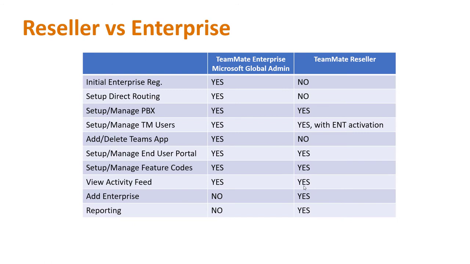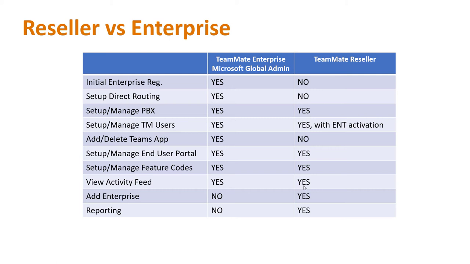First of all, there are two different logins to the TeamMate portal. First, logging in with Microsoft Global Admin or delegated Microsoft credentials is represented on the left, and this is considered the TeamMate Enterprise Provisioning Portal. On the right, as a reseller to enterprises, you log in with TeamMate credentials and have a view of all of your different enterprise customers.